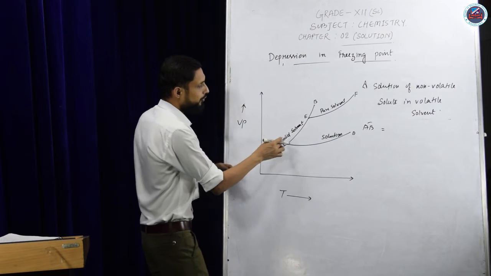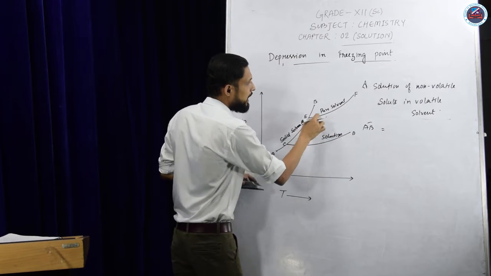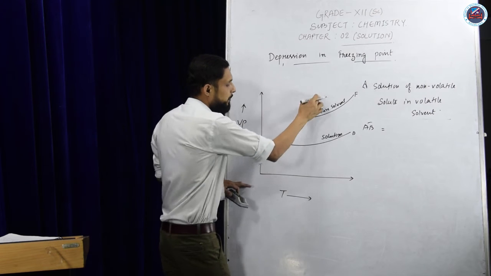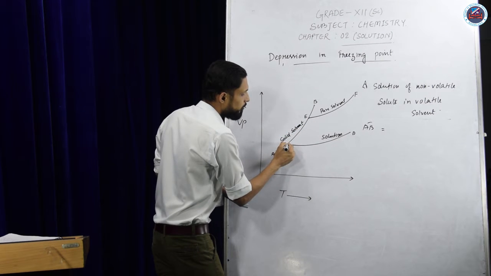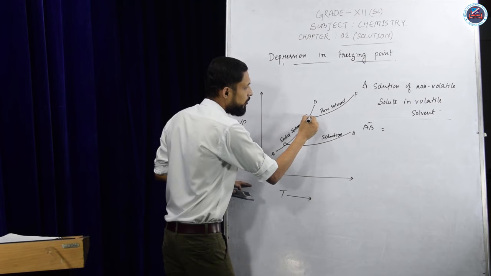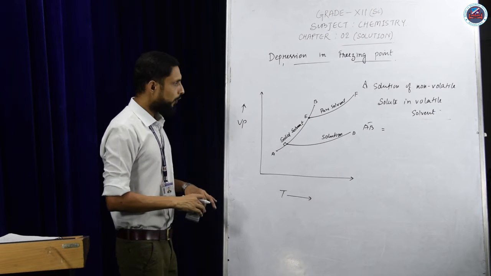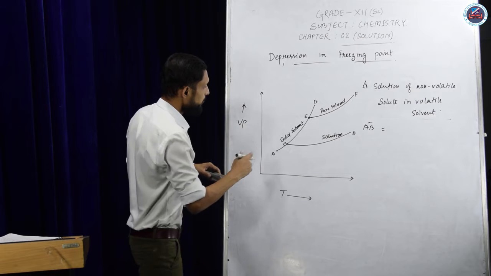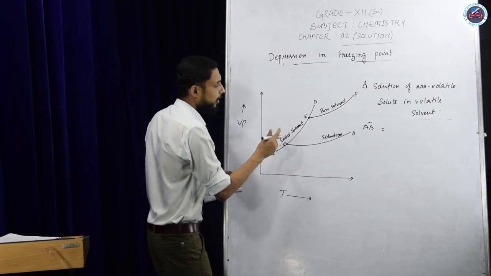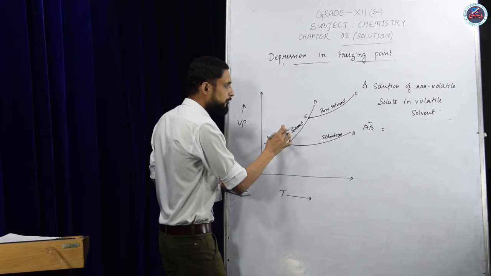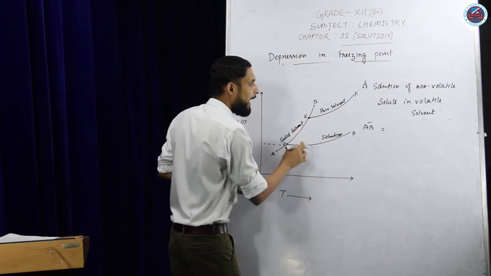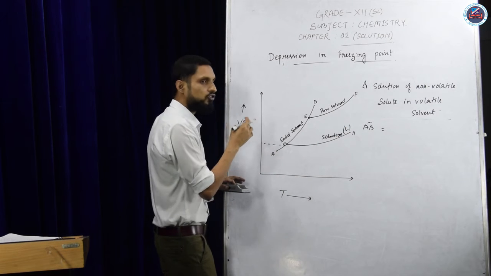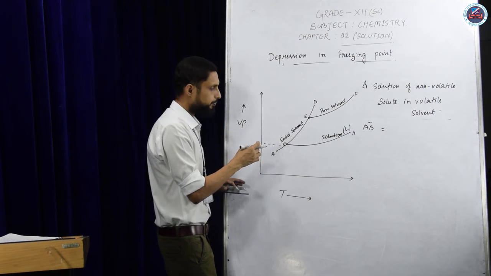Now curves CD and EF will intersect the curve AB at points C and E respectively, which means at point C the vapor pressure of solid solvent and solution in liquid state will have the same vapor pressure.